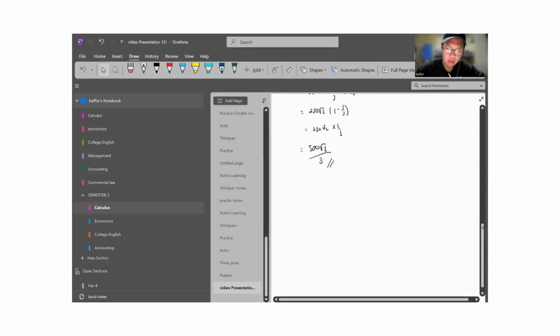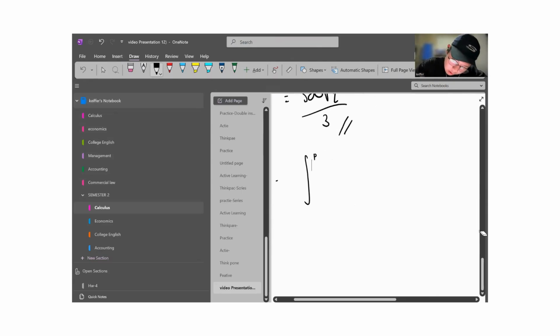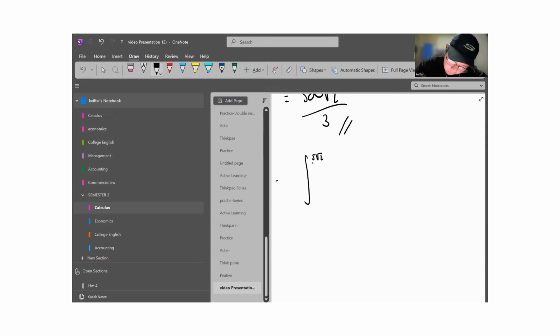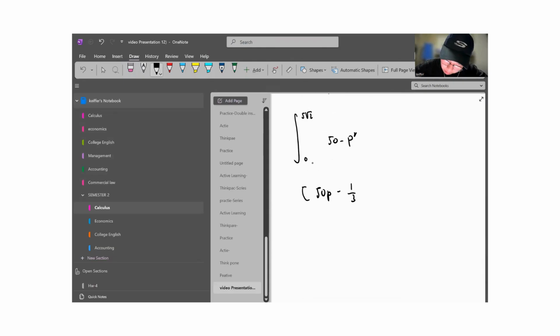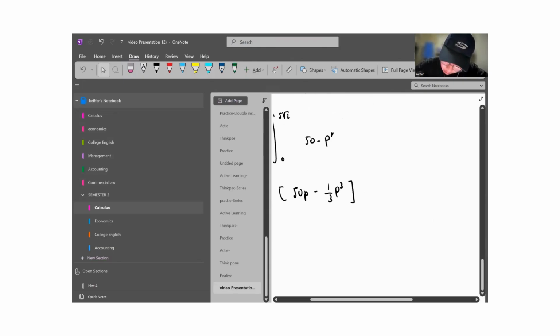Okay, now we move on to the producer surplus. Same, we use the equation at number 4, the formula of number 4. This is the equilibrium price, so it's going to be 5 square root of 2 to 0, and it's going to be 50 minus p squared. So we integrate 50p minus 1/3 p cubed, from 0 to 5 square root of 2.